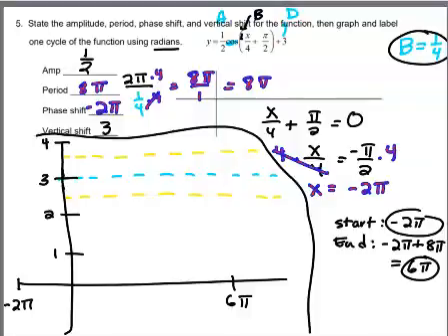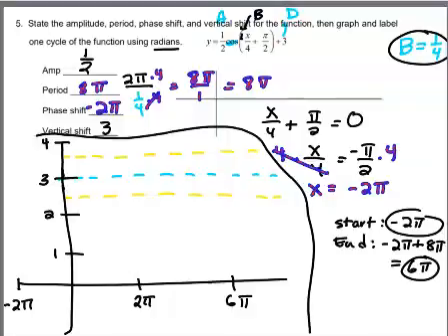So again, don't get too hung up on where should I put 6 pi. Just make sure negative 2 pi is to the left of the y-axis. 6 pi, estimate about where that's going to be. Halfway in between. So I can go negative 2 plus 6 is 4 divided by 2. Halfway in between negative 2 and 6 is 2.